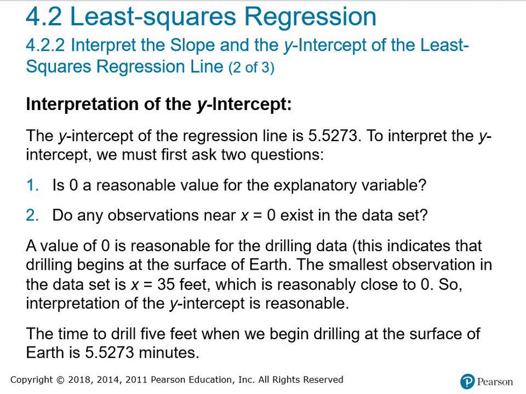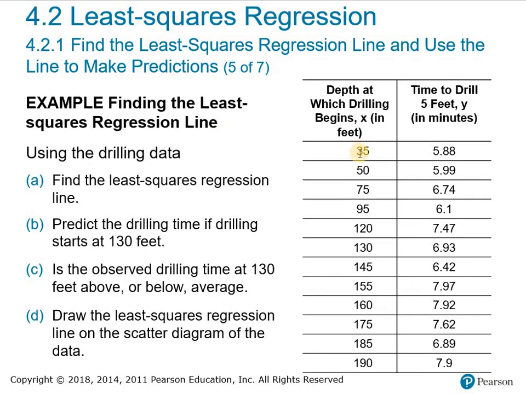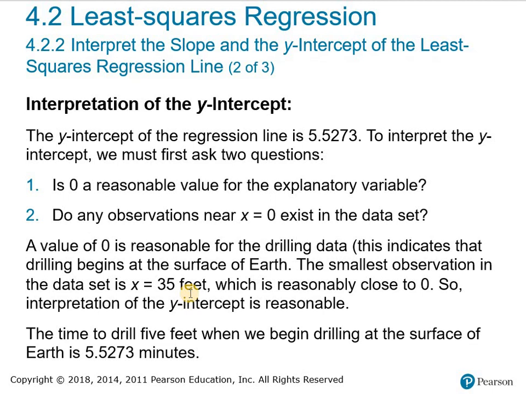And that makes sense. We can definitely do that. So 0 has a meaning in the context, and it represents something. Do any observations near x equals 0 exist in the data set? Let's look at our data set and see. Yes. 35 feet is very close to the surface of the earth, and I have an observation already related to that. So yes, that is the case. So we can definitely interpret the y-intercept.